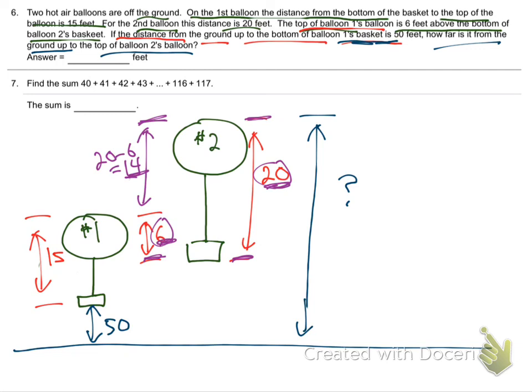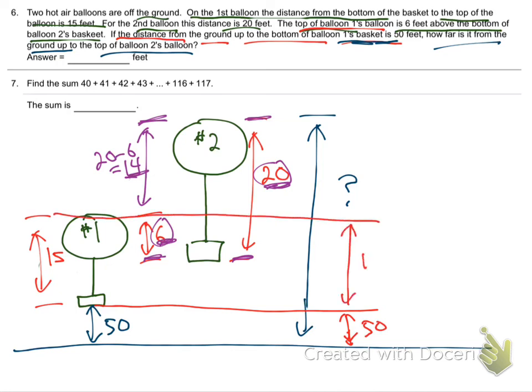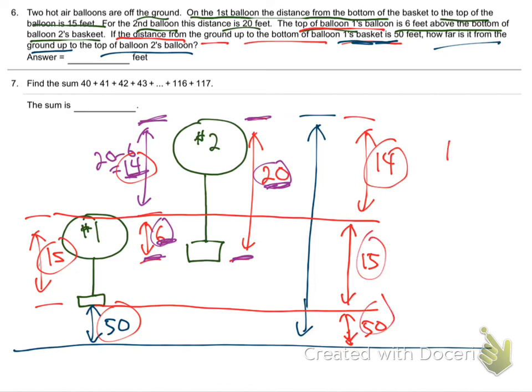So now, if I want to go from the bottom to the top, starting right here, I can go to this line, that's 50, then I can go to this line, that's 15 right here, and then I can go to this line, and that's 14. And so all together, 14, 15, and 50, 79 feet. Must be the answer.